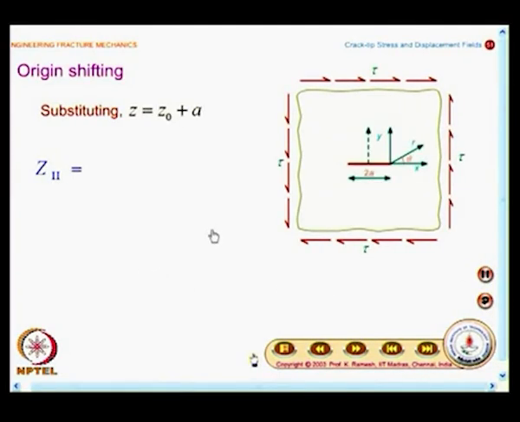So, in the case of mode 1, we got the stress field, then the next step was to shift the origin, that means from the center of the crack to the tip of the crack. We would do this for mode 2 as well as mode 3. For all the cases we would shift the origin to the crack tip.